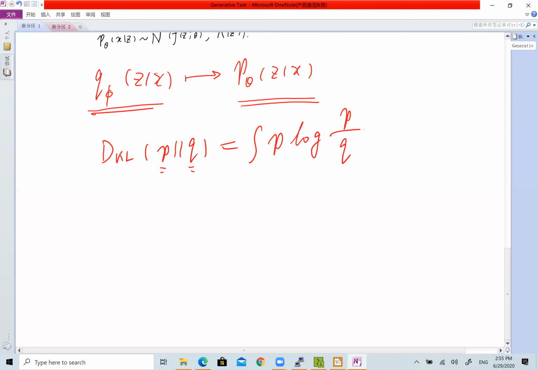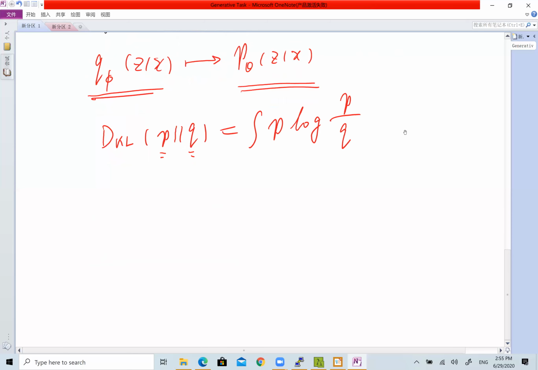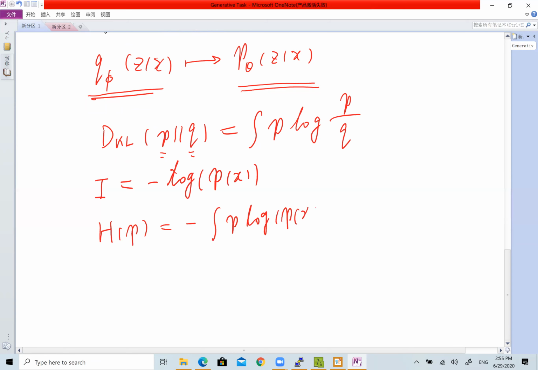By the way, maybe to remind you a little bit about the information theory we already talked about in several lectures before. Information I, or we can call it the self-information, is trying to quantify the degree of uncertainty, right? It's defined to be the log of some event's probability. And entropy is calculating the average of the self-information under some probability distribution function.